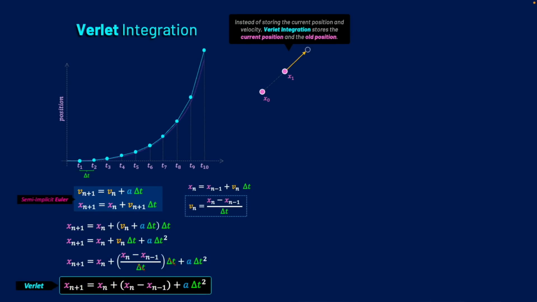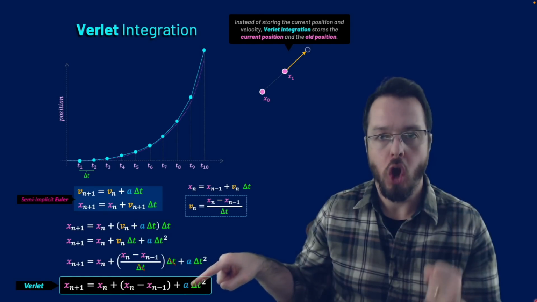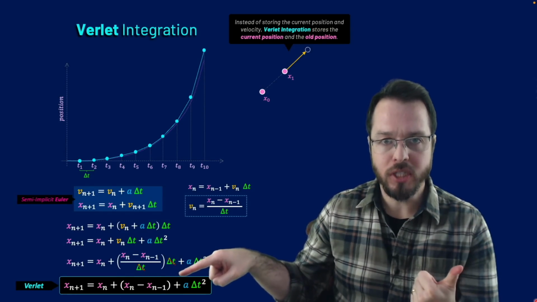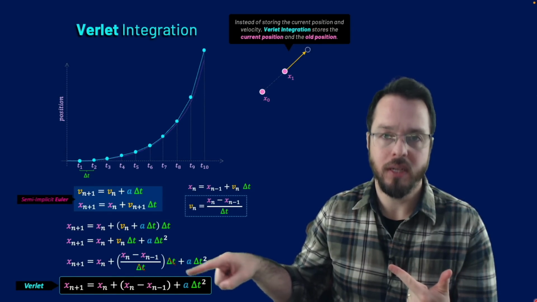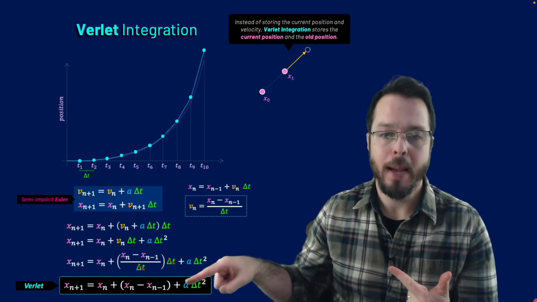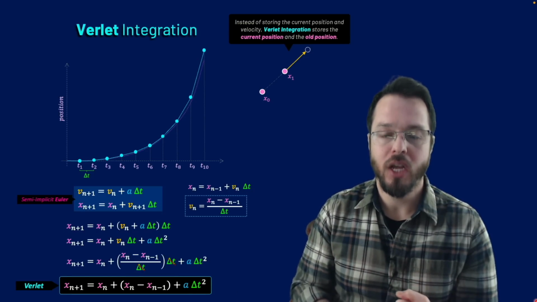This is what we're going to use to estimate the new position based on the old position. Do you agree that we don't have velocity in this formula anymore? All we have is the current position and the old position, and of course, the acceleration of the system that comes from the application of forces. But we don't have velocity.